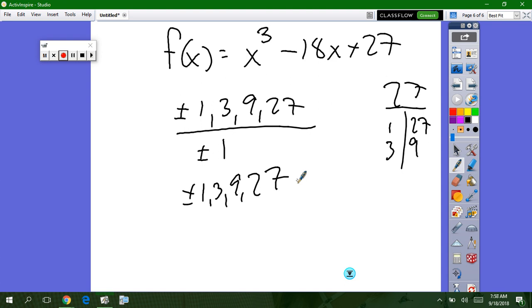Does that answer your question? Okay. How can I get to a positive 27? I could have a negative 3, a positive 3, and another 3. Positive 1, negative 1, positive 1, negative 1, and another negative 1, right? I can have just different signs. Does that answer your question?